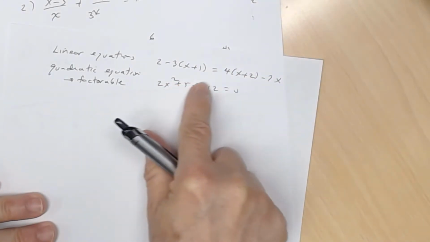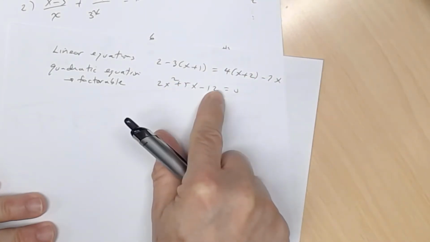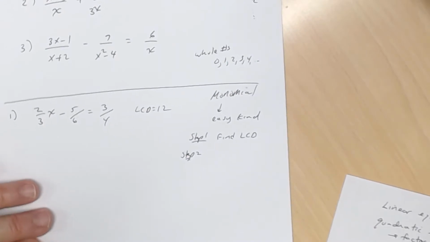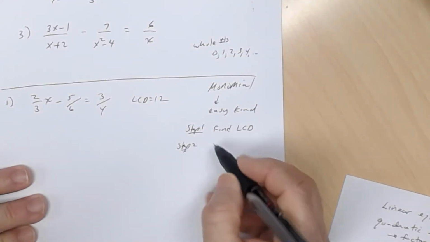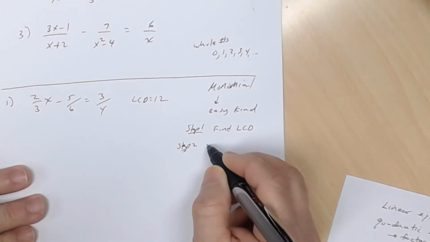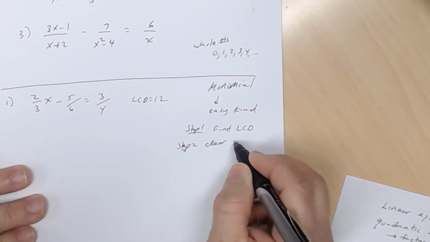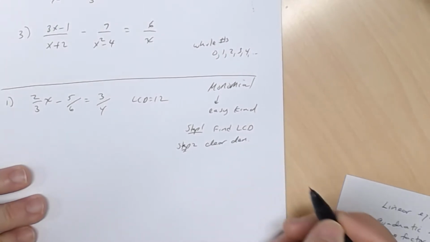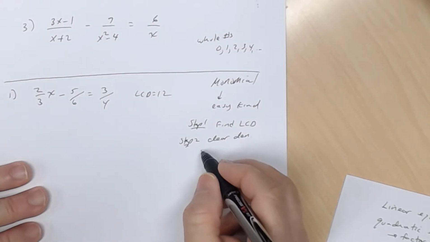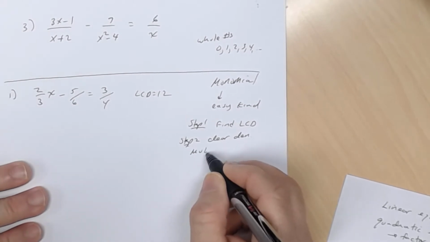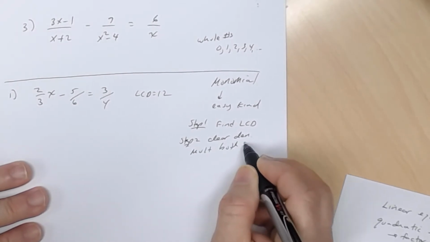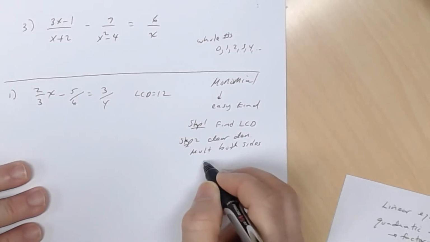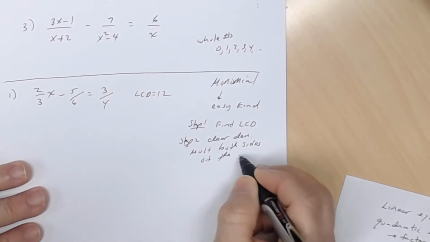So basically, you're going to clear the denominators. You're going to clear the denominators by doing this. Multiply both sides of the equation.